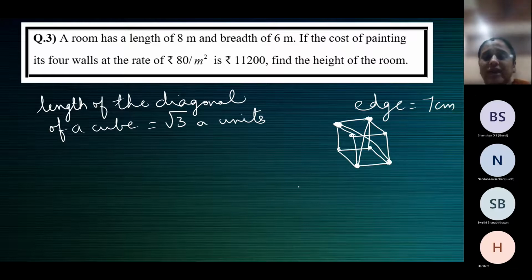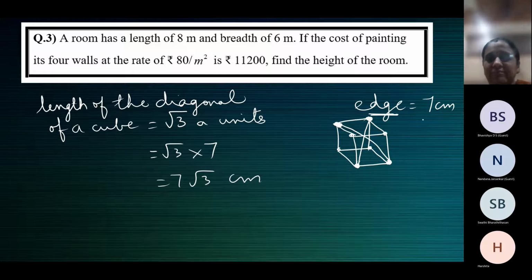Now how do you calculate? Edge is a, the edge or the side of the cube. Here I've given 7 centimeters. So what will be the length of the diagonal? √3 into 7, or 7√3 centimeters. For example, if the edge of the cube is 7 centimeters, the length of the diagonal is equal to √3a, √3 into 7, that is 7√3.